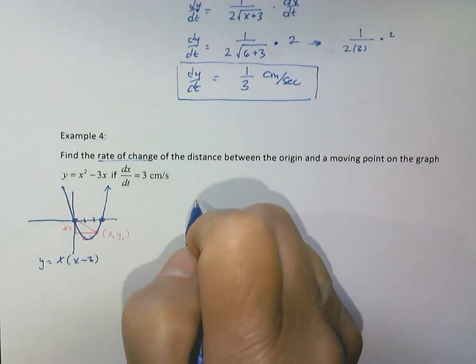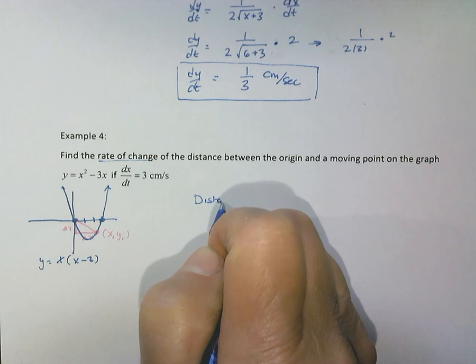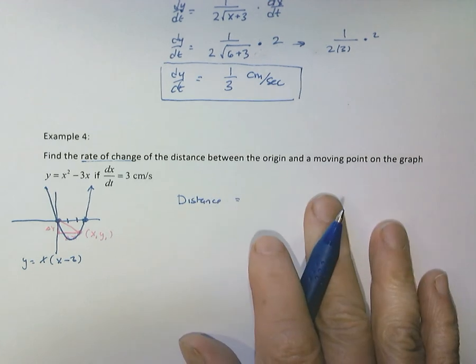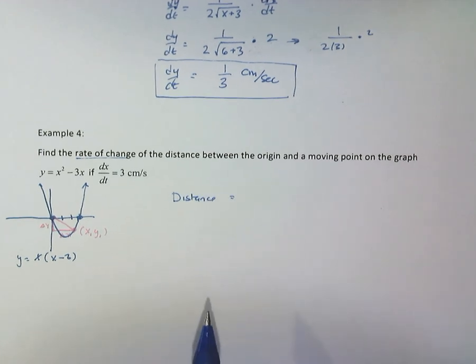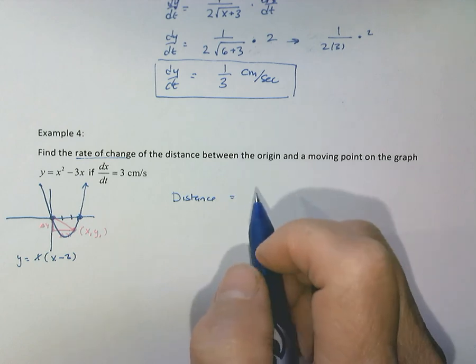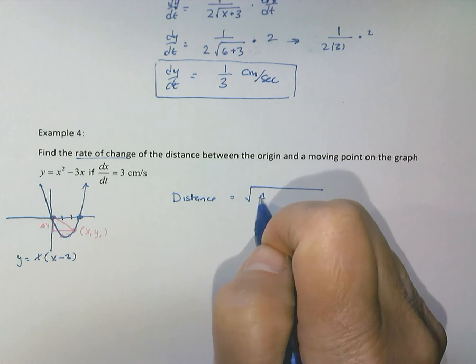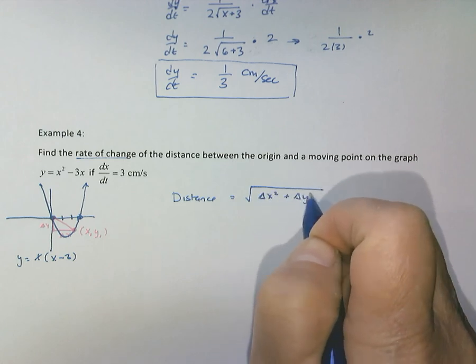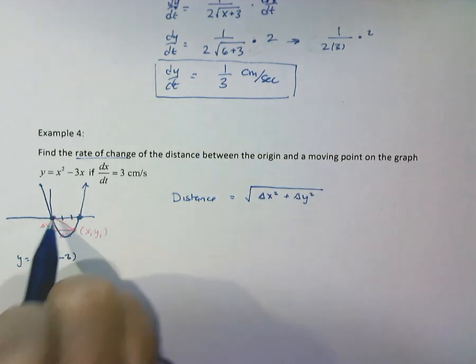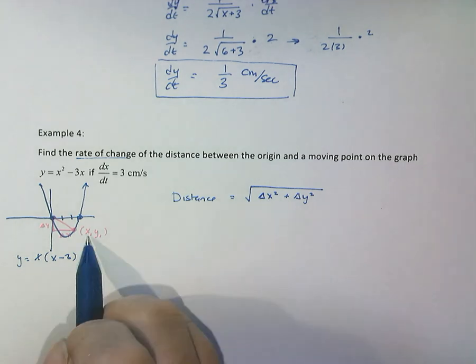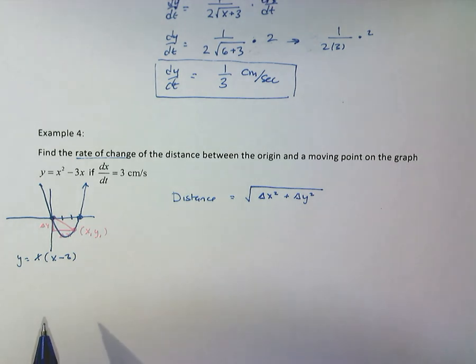So my distance formula is going to be the square root of change of x squared plus change of y squared. Well, if it's from the origin, this change of x is just going to be this x1.